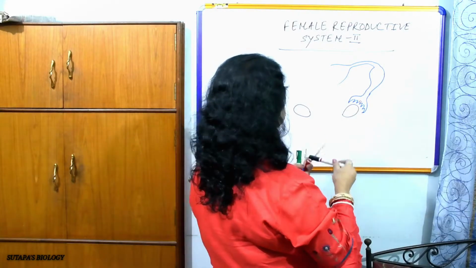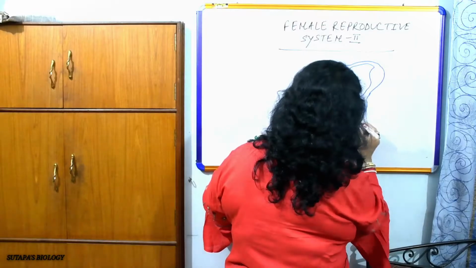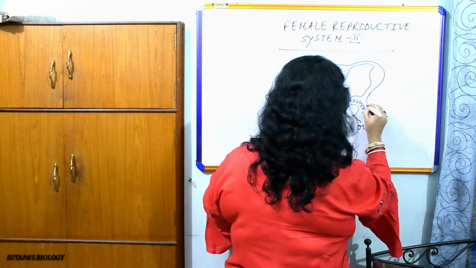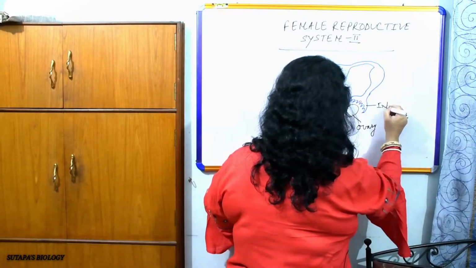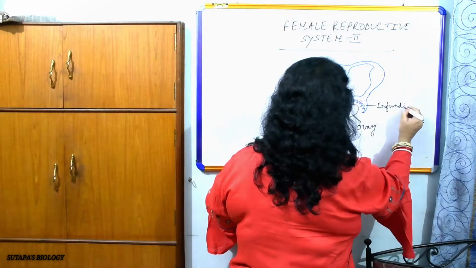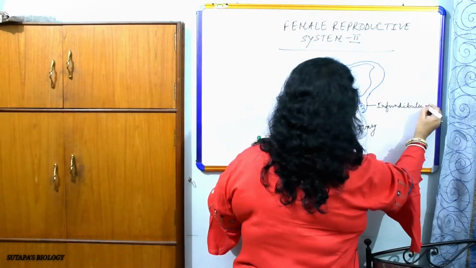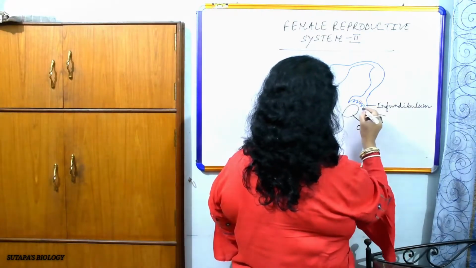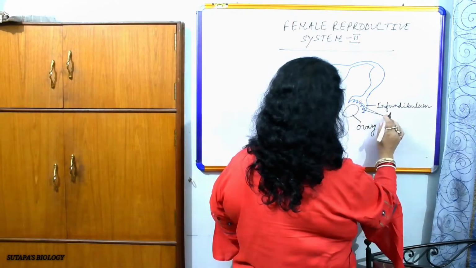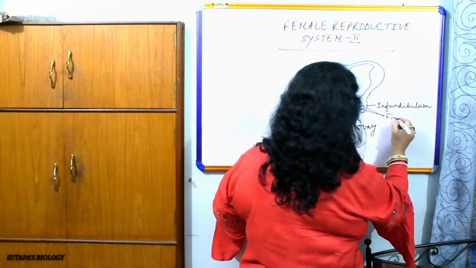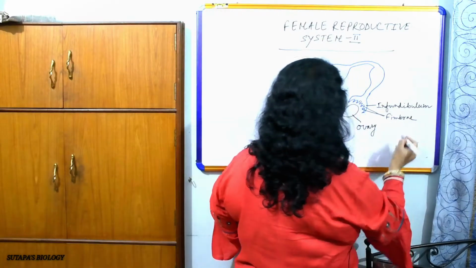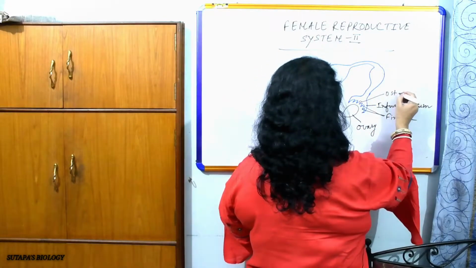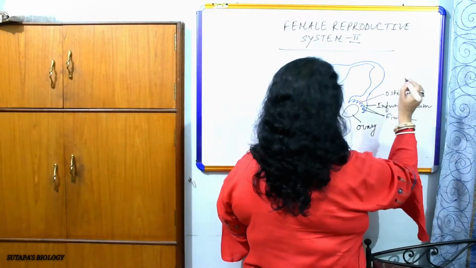So these are the structures like this. This is the ovary. This is the fallopian tube. The starting of the fallopian tube is infundibulum. It's a bell-shaped structure, so it is known as infundibulum. These are the fimbriae or finger-like projections. Fimbriae always move to draw the ovum, and this is the ostium through which the ovum enters inside the fallopian tube.